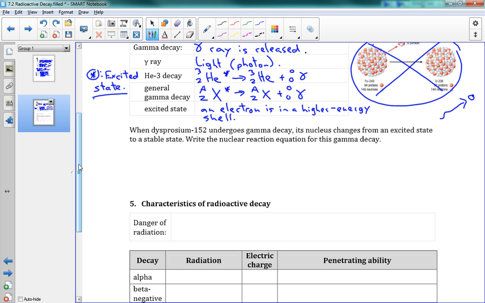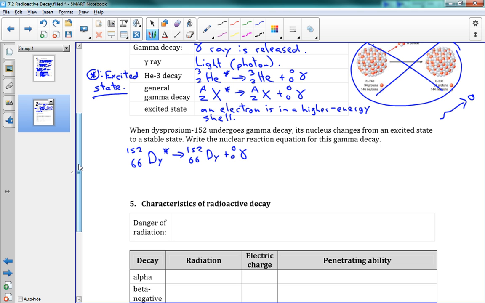Dysprosium is 66, our mass is 152, Dy star goes to the same thing, 66, 152 Dy, plus 0, 0 gamma. There you go.